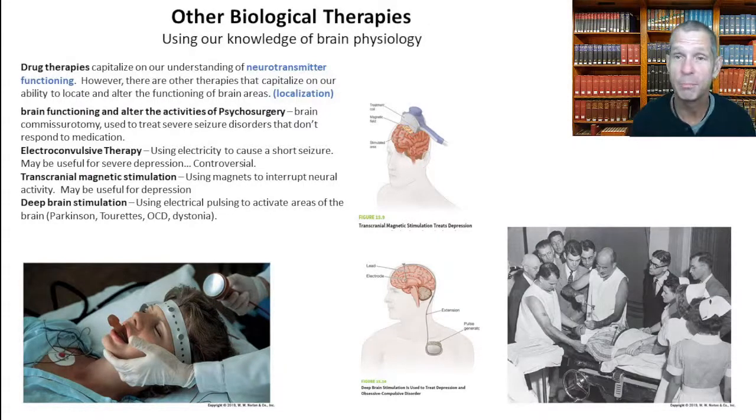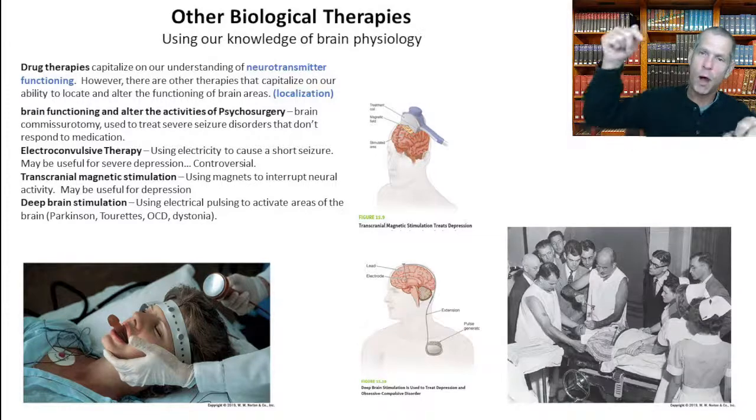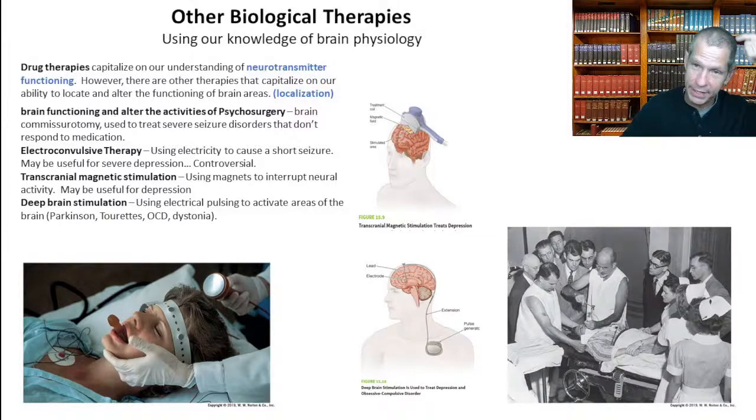And what they'll do with deep brain stimulation is they take a wire and they surgically implant it deep down in the middle of your brain into one of the structures in your basal ganglia. They run a wire underneath your skin, and they implant a pacemaker underneath your skin right here on your chest, and they give you a little remote, and they use that remote to turn on your little pacemaker.